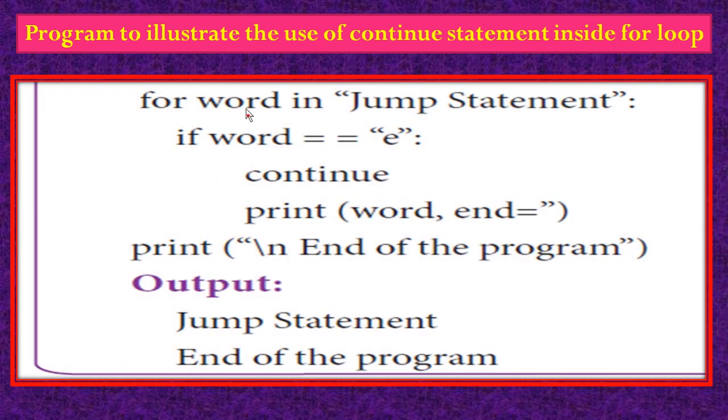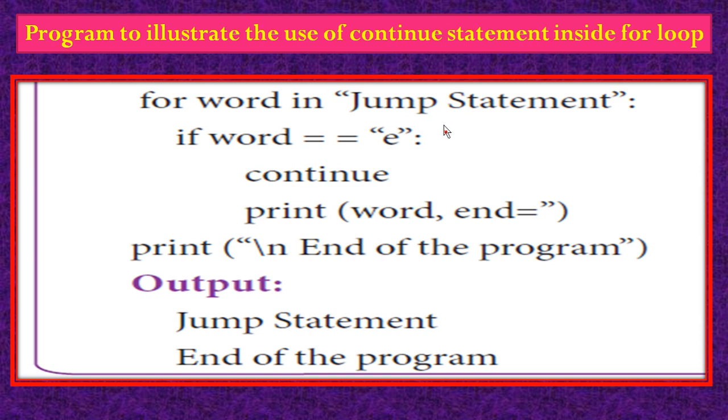Program to illustrate the use of the continue statement inside the for loop. Here, for the word "jump statement", there are 14 characters, so the for loop must be executed 14 times.